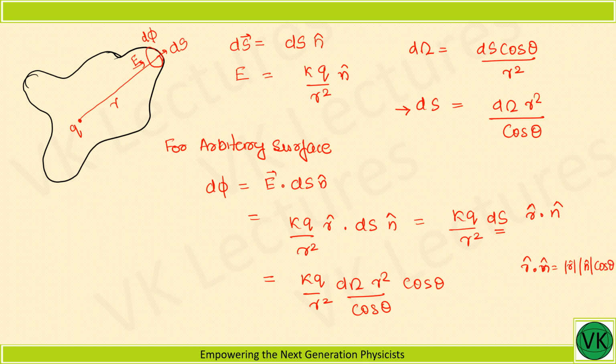So r cap and n cap are unit vectors, so r cap dot n cap equals cos theta. So this is equal to d phi, and we can remove all the factors. r square and r square get cancelled, cos theta and cos theta get cancelled. So now we can write d phi equal to kq into d omega.